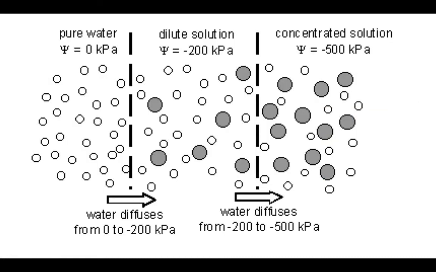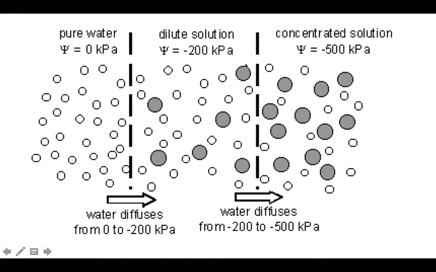And finally, since we introduced the concept of more and more hypertonic environments, water will flow from where it's a high water potential to where it's a low water potential to where it's an even lower water potential.